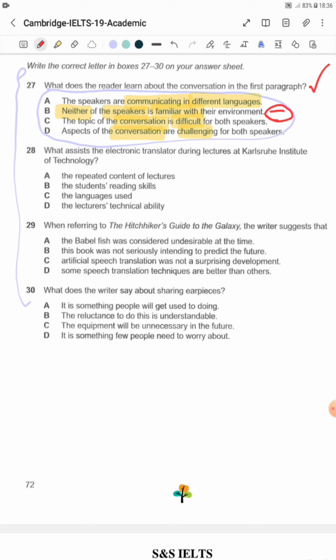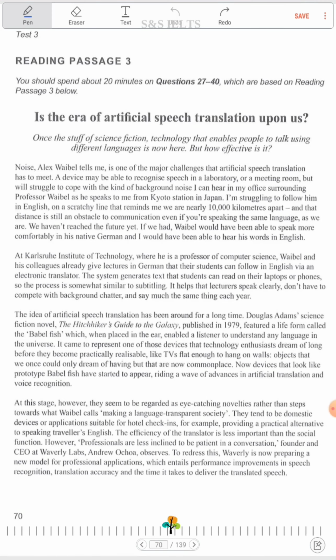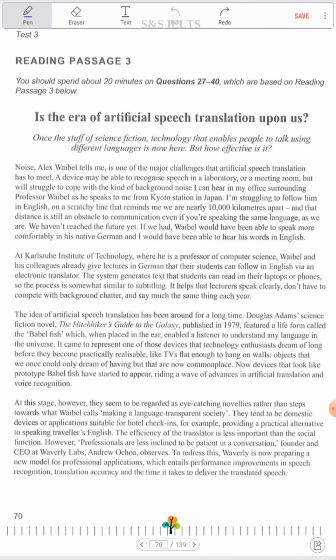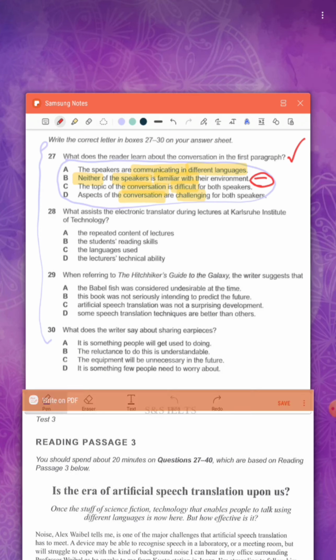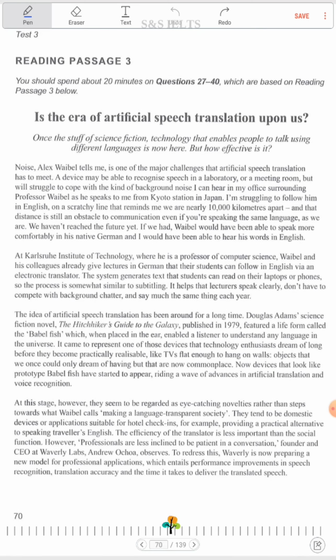It actually addressed the first paragraph, but it doesn't mean that all the questions should address it. No, this is the question that the examiner decided to address in the first paragraph. Okay, what I'm looking for is what the reader learns about the conversation. So I have to check the first paragraph, which is addressed now.